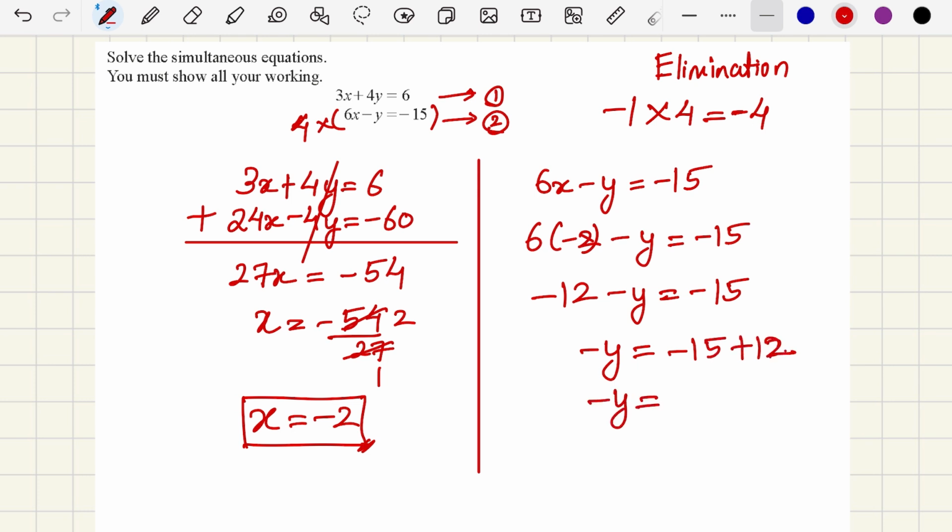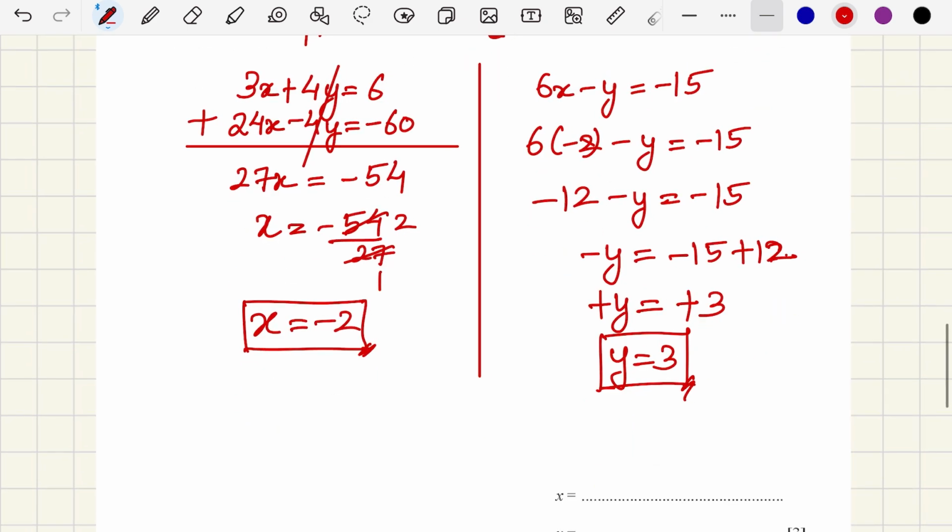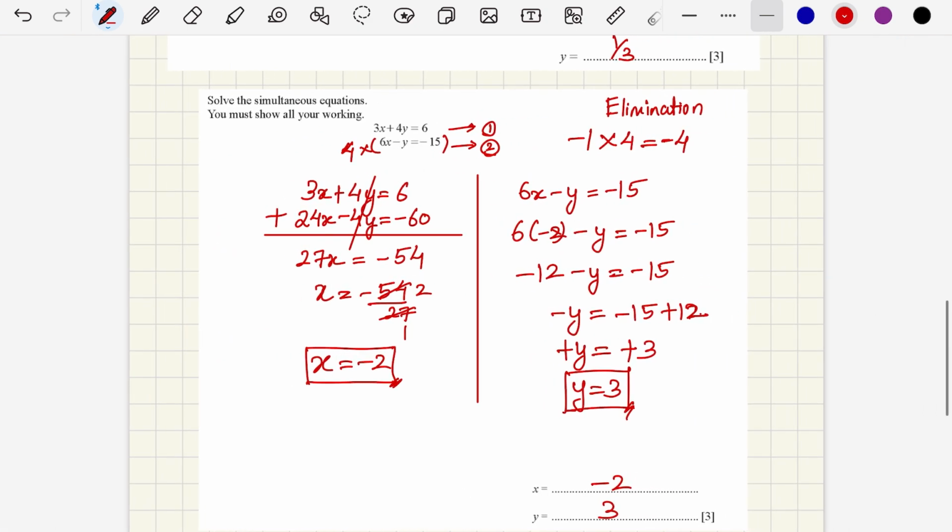So minus y equals minus 3. When I have a negative sign on both sides, I'll make it positive. y equals 3. So x is minus 2, y is 3. And this is how you do the elimination method. Either you make the coefficient of x the same or the coefficient of y the same with opposite signs. If you have opposite signs, you can just add them. So one of them gets eliminated and you can solve for the other variable.